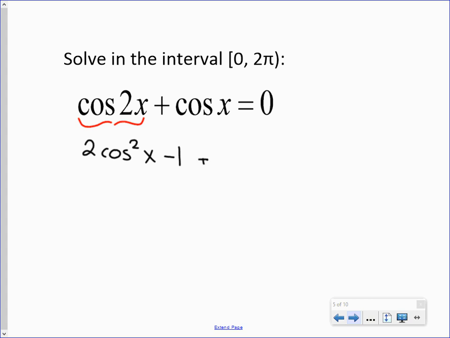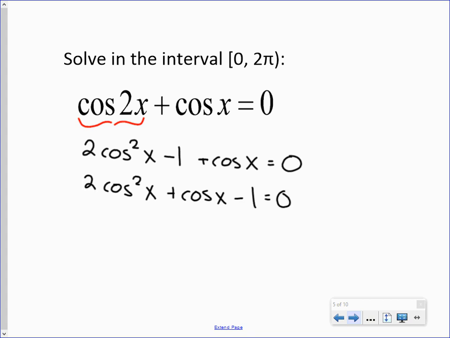Keep my cosine of x, and then like Tegan said, you've created a trinomial that's all in cosines. And even though cosine squared and cosine are not the same, we still can work with those because we can factor. So if it's helpful, I might rearrange this line: 2 cosine squared x plus cosine x minus 1.